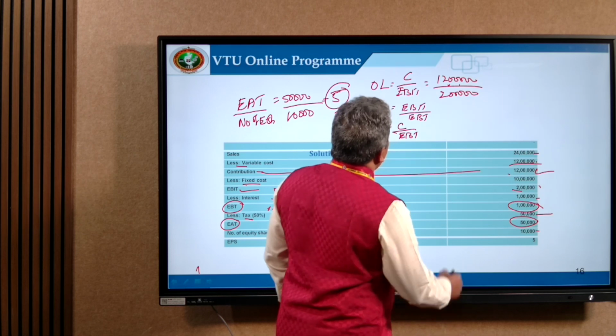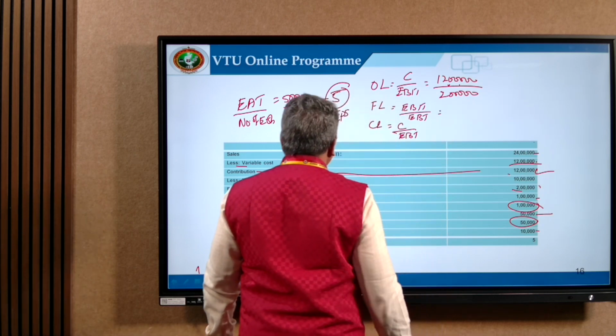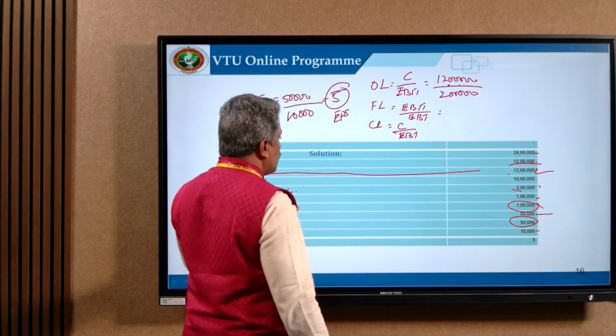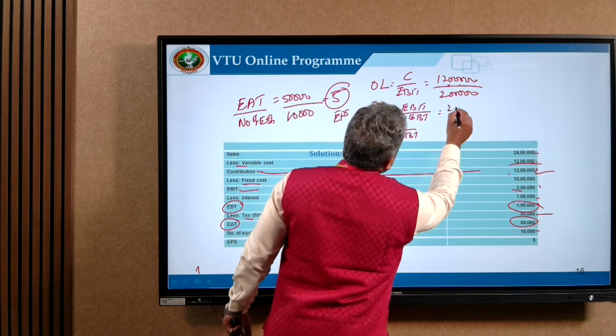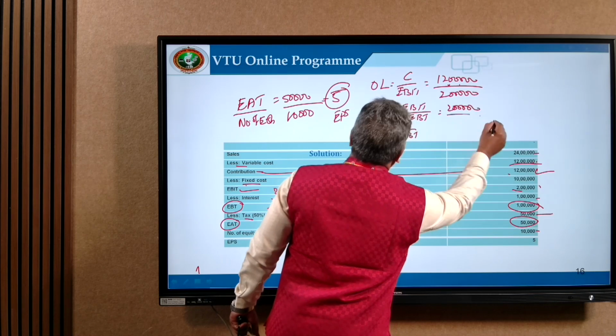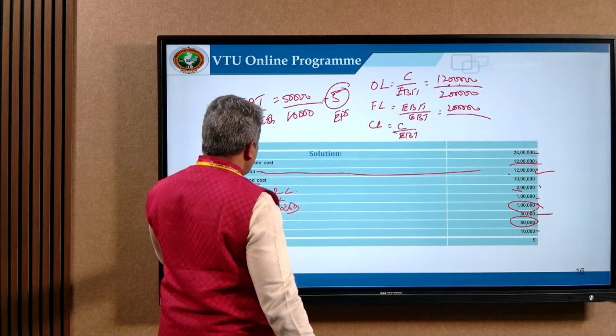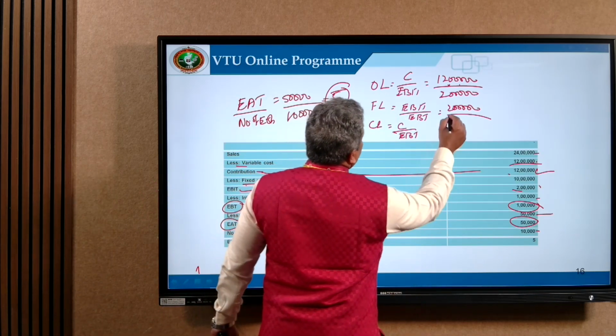So, now you can see EBIT is 2 lakhs divided by EBT, which is 1 lakh.